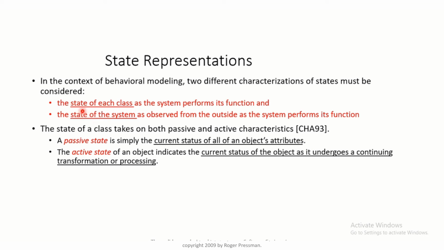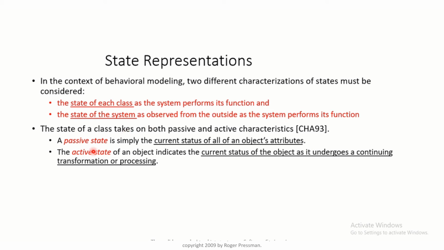Referring to the internal state means that we are closely monitoring the state of each and every class of a system as the system performs its function. It's an internal view of a system. The other one is the external state of a system, where we observe the overall behavior of a system as the system performs its function. We are not closely monitoring the different states of a class.